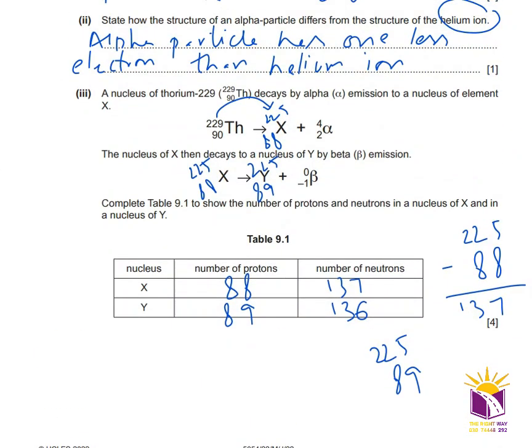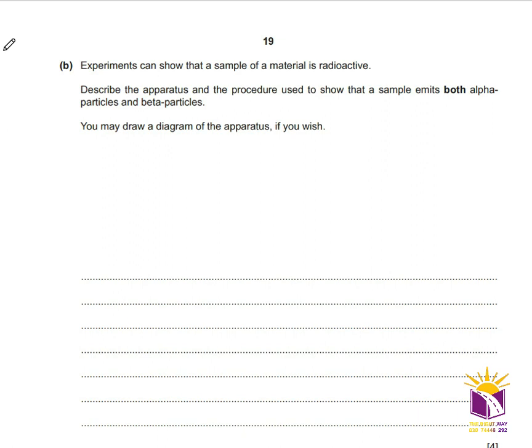We know that the atomic mass is equal to number of protons plus number of neutrons. To find the number of neutrons, we subtract the atomic number, or the number of protons, from the atomic mass.